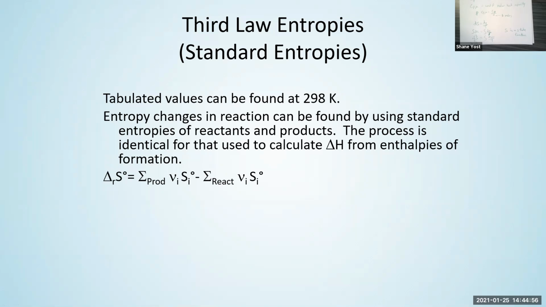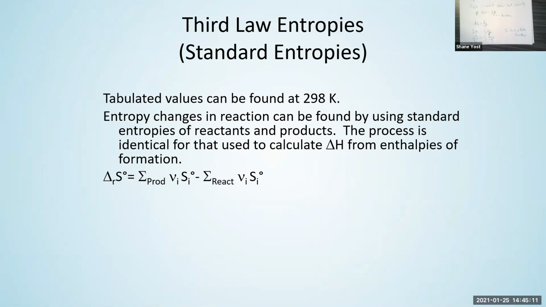The S sub i naught are these standard entropies for some compound or some element, of species i. The nu sub i's are, again, our stoichiometric coefficients in your chemical reaction.